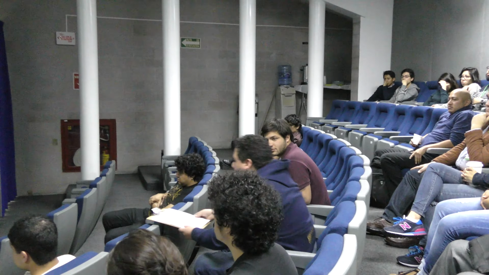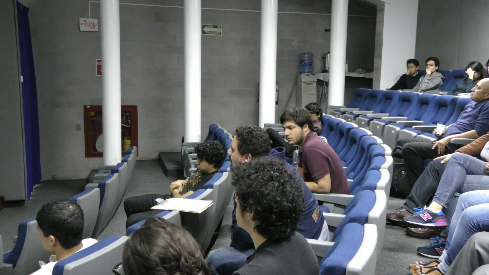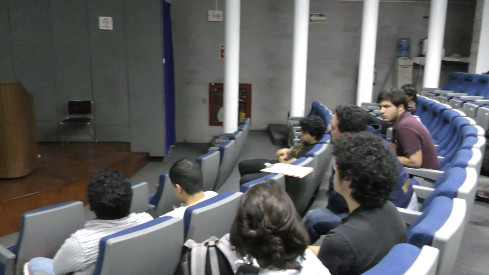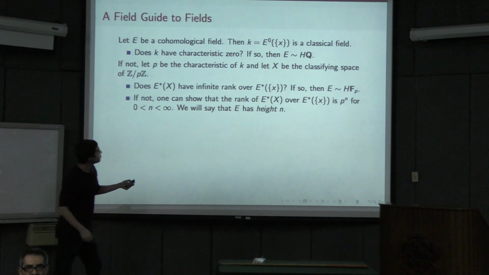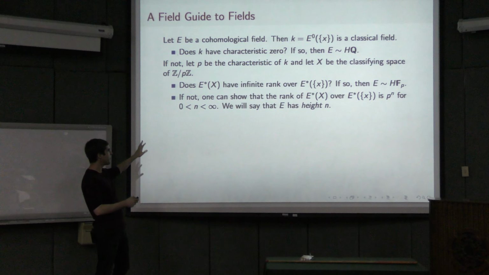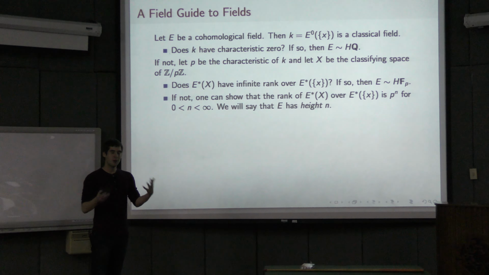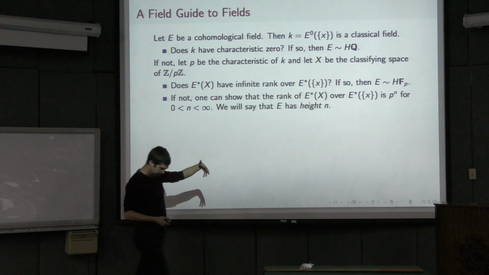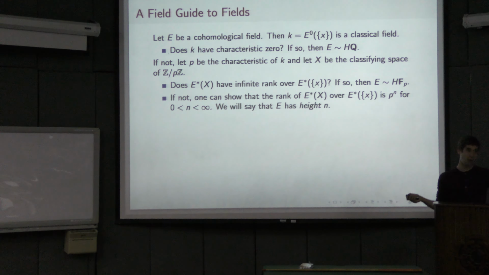So, it's a very nice way of introducing height in a lot of theories. Could you give an idea, more didactically, to relate it to the height of the formal group? Yeah. If you have a cohomology theory where the cohomology of a point is concentrated in even degrees, then it will be complex oriented.